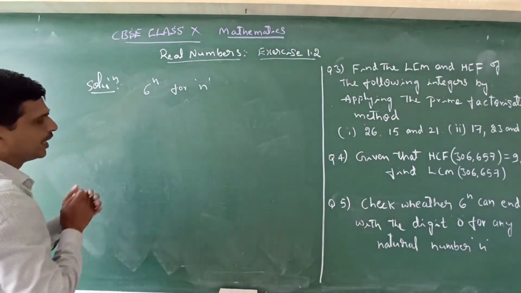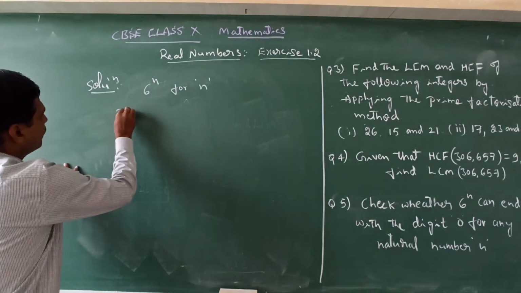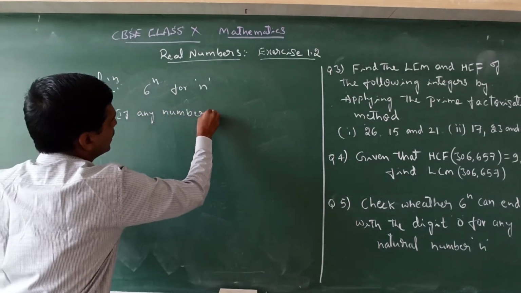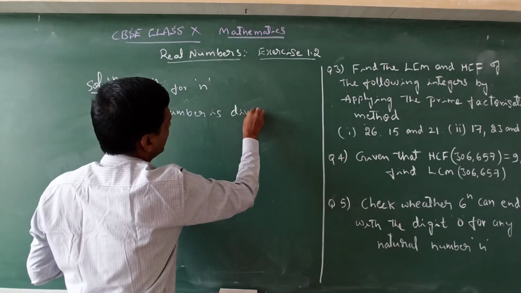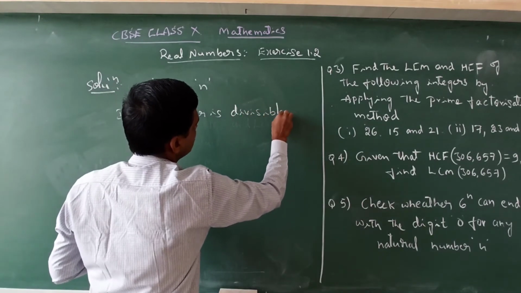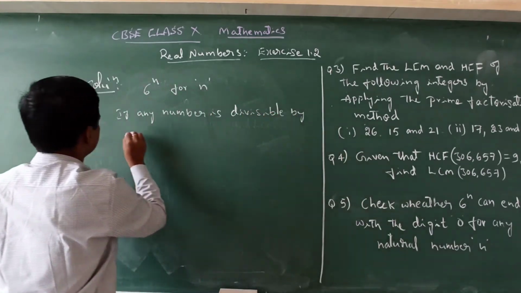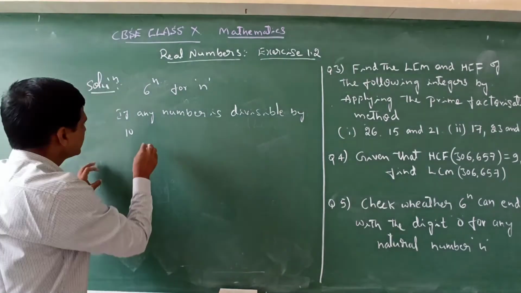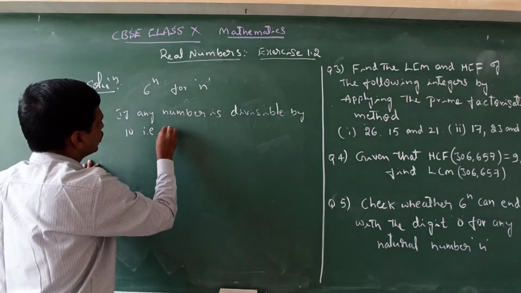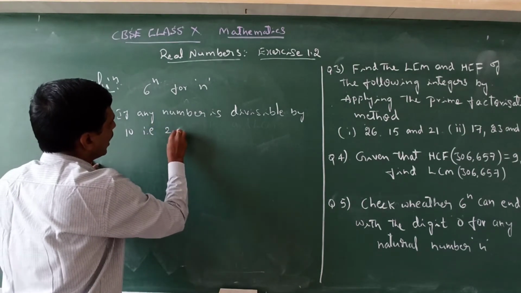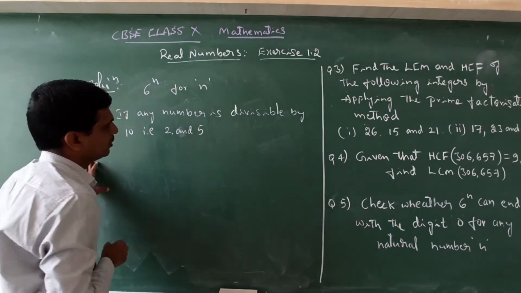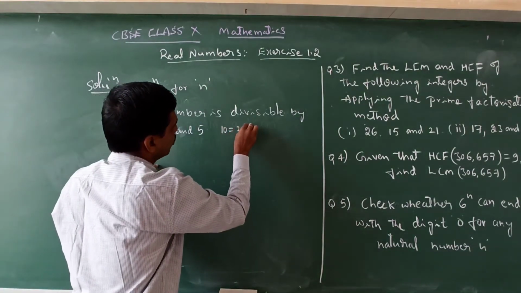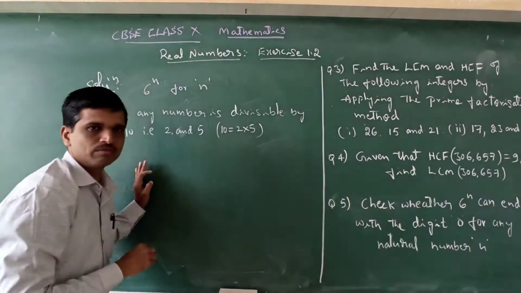Observe carefully. If any number is divisible by 10 or its factors, that is 2 and 5, because 10 can be expressed as 10 equals 2 into 5 or 5 into 2.